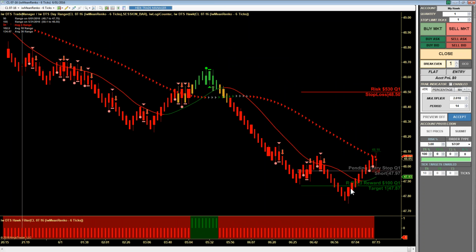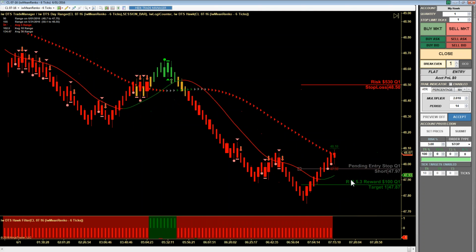So we've got the warning dot. Don't have the triangle hash mark yet, but I can anticipate where it will print. I know that if this bar finishes on the low, that it will produce a triangle hash mark sell signal, and that will be our macro pullback signal.